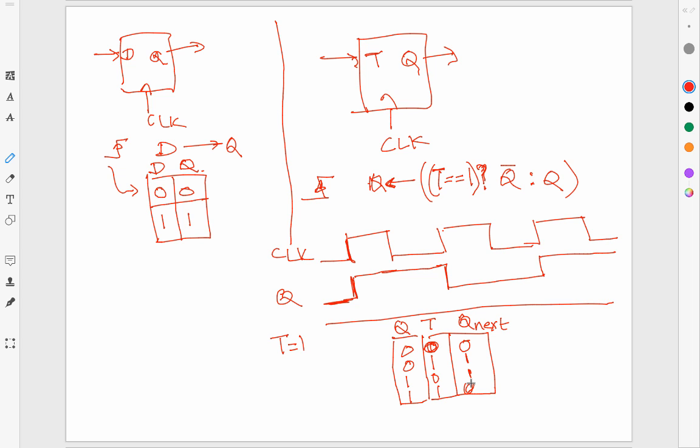The next state is high when Q is 0 and T is 1, or Q is 1 and T is 0.